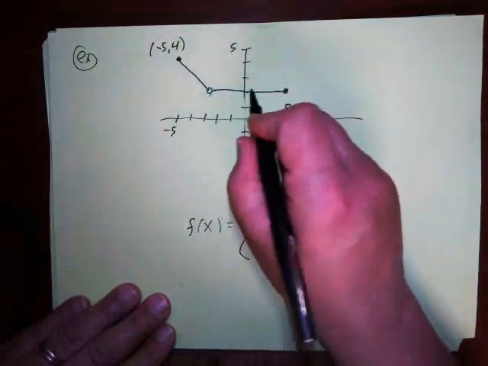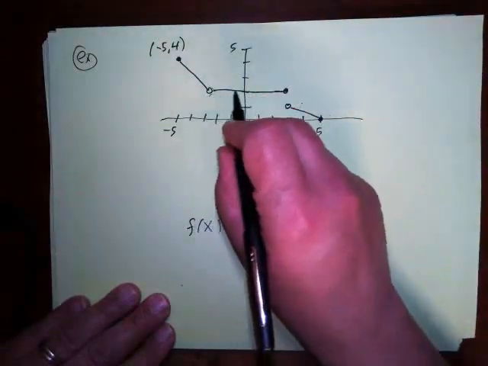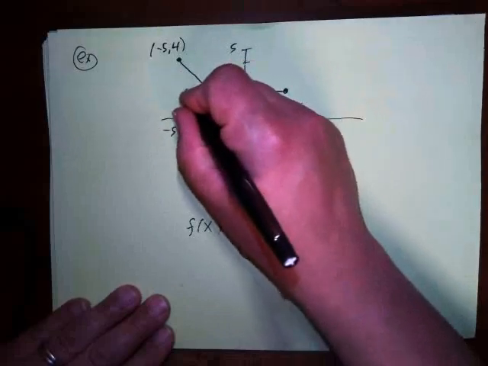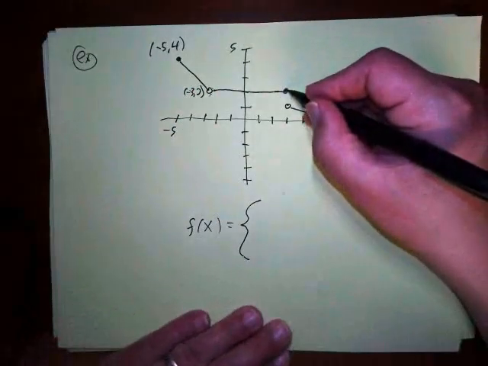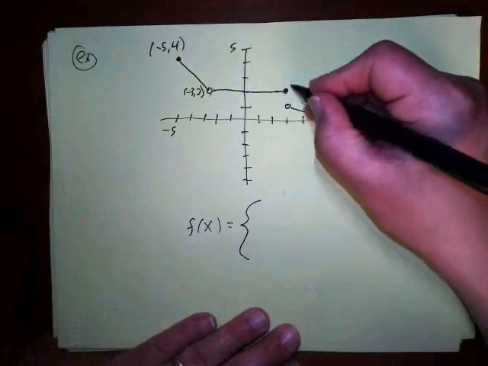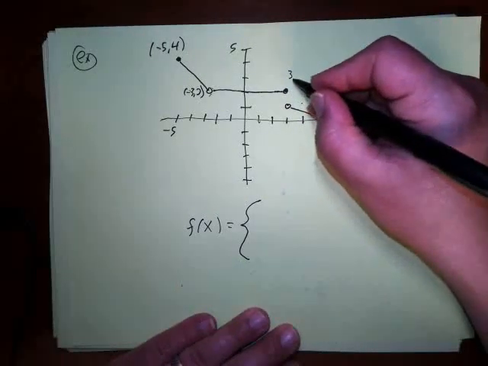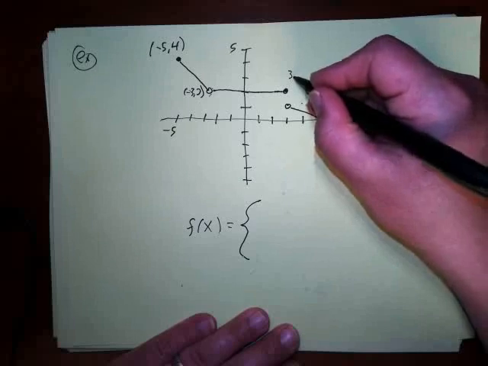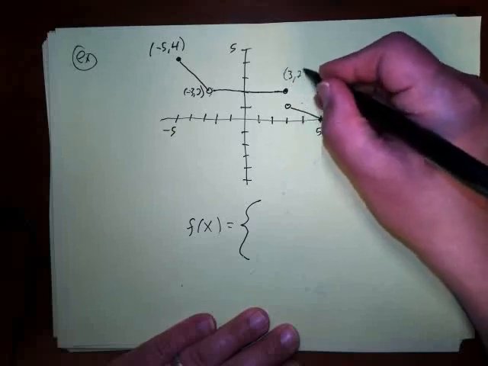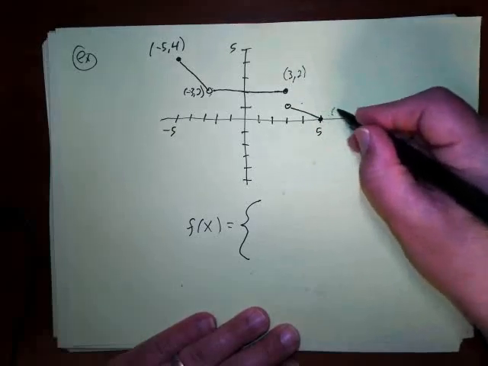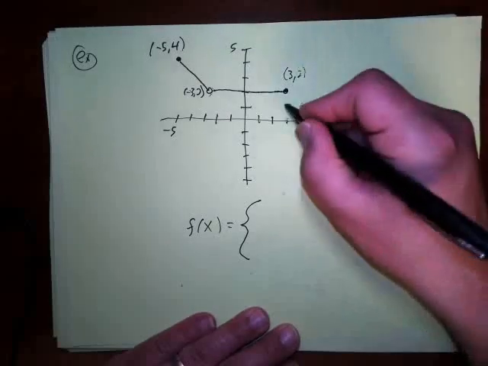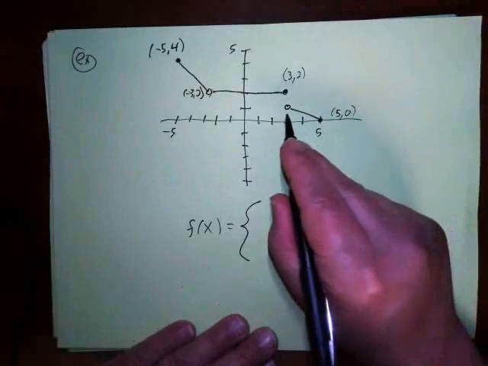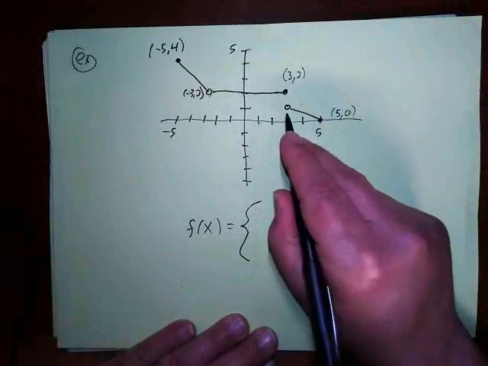This point here looks like negative 3, 2. Okay, this point over here is 3, 2. And then this point over here looks like 5, 0. And then this point over here looks like 3, 1.